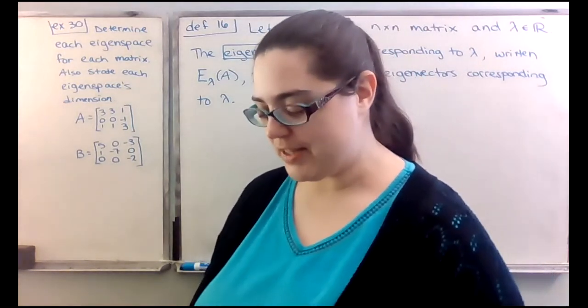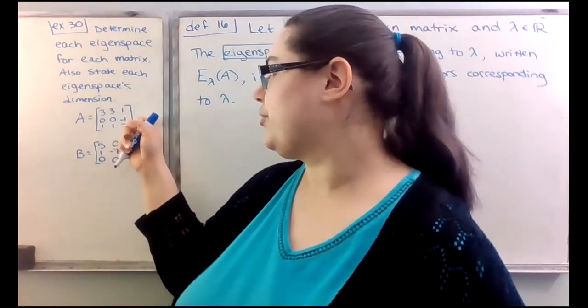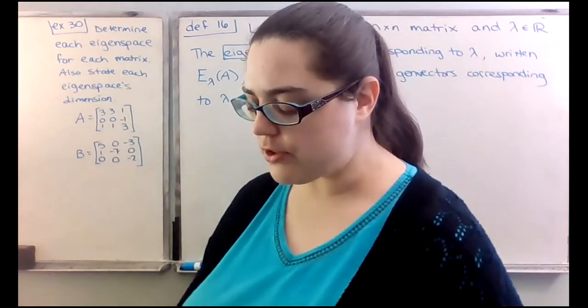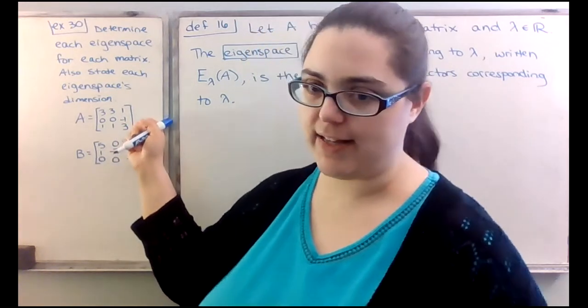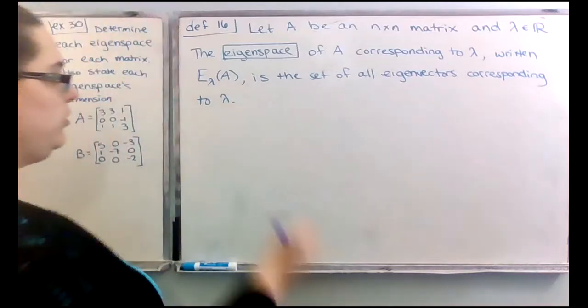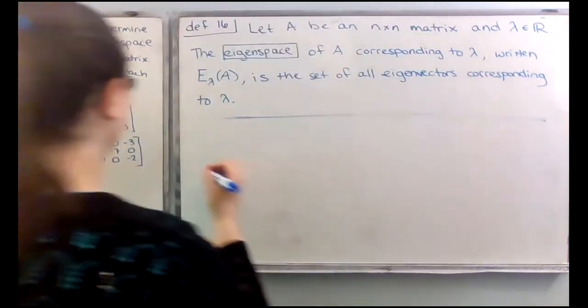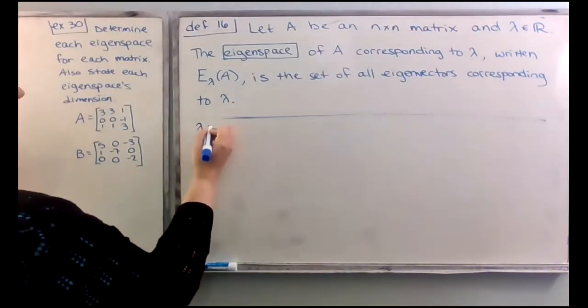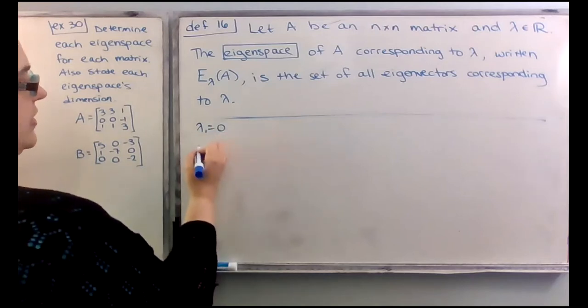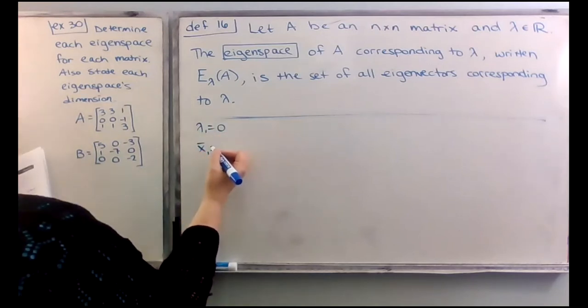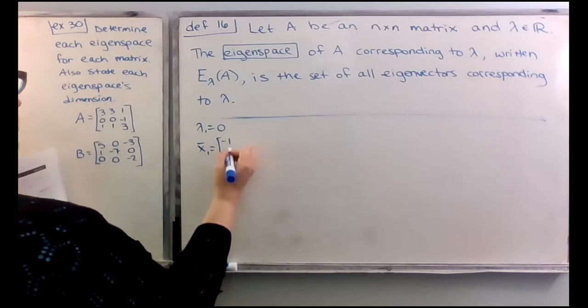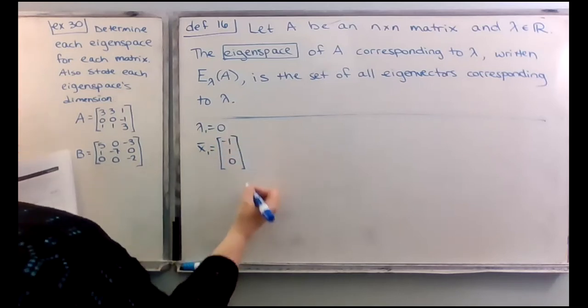So to begin with, let's work through A. A is the matrix that we saw in the last example. We had lambda 1 equaling 0, and x1 was equal to -1, 1, 0.